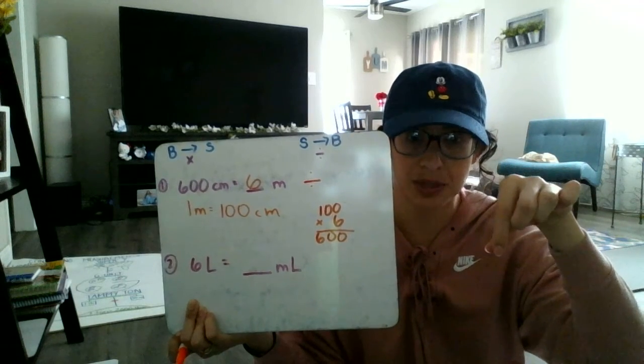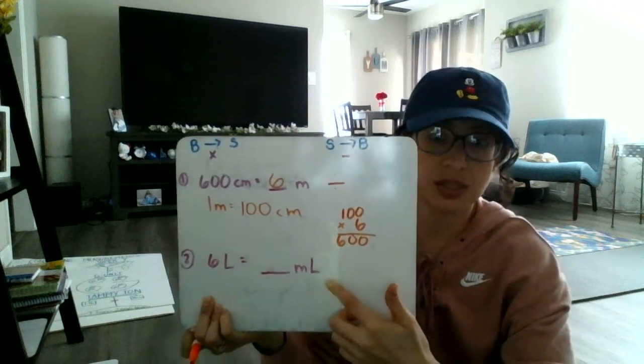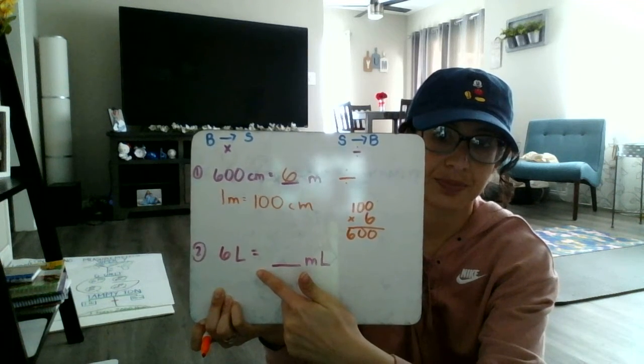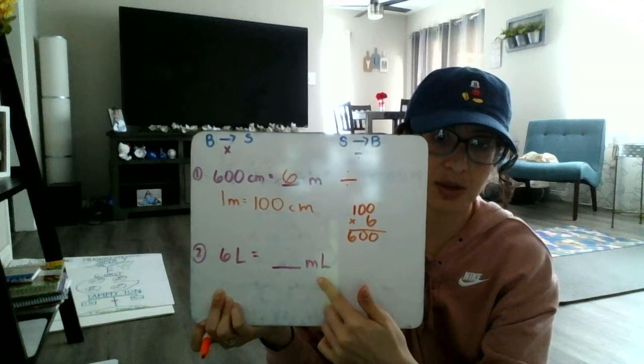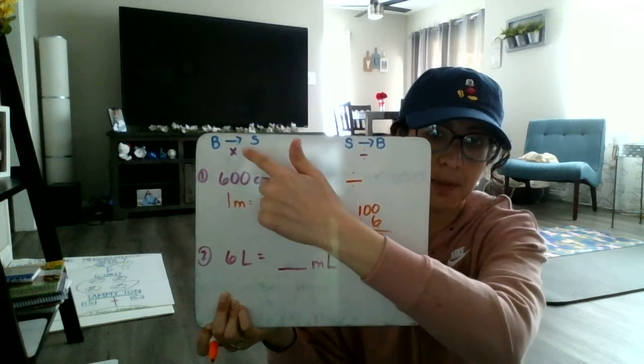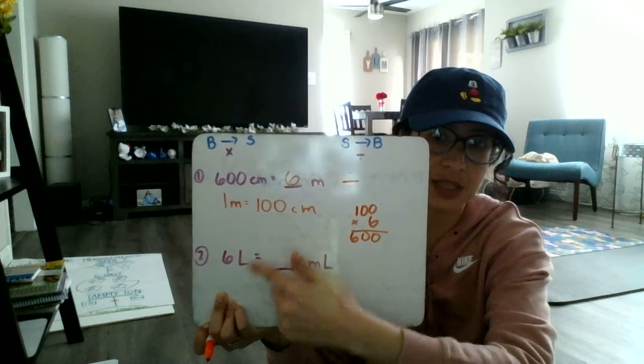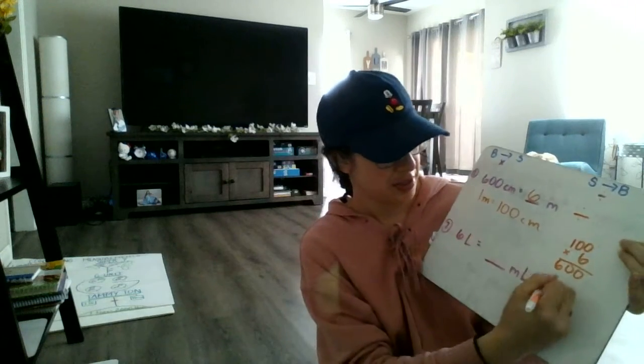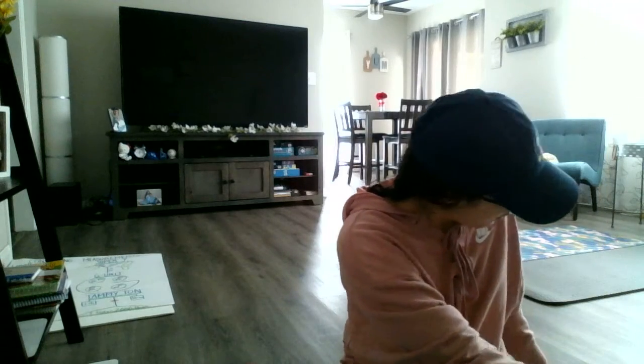That holds 1 milliliter. So which one is the smaller unit, the milliliters or the liters? This one's the smaller one. So we're going to go from big, from 6 liters, to small. Okay, so that means we're going to multiply. Okay, so now let's take my conversion chart.